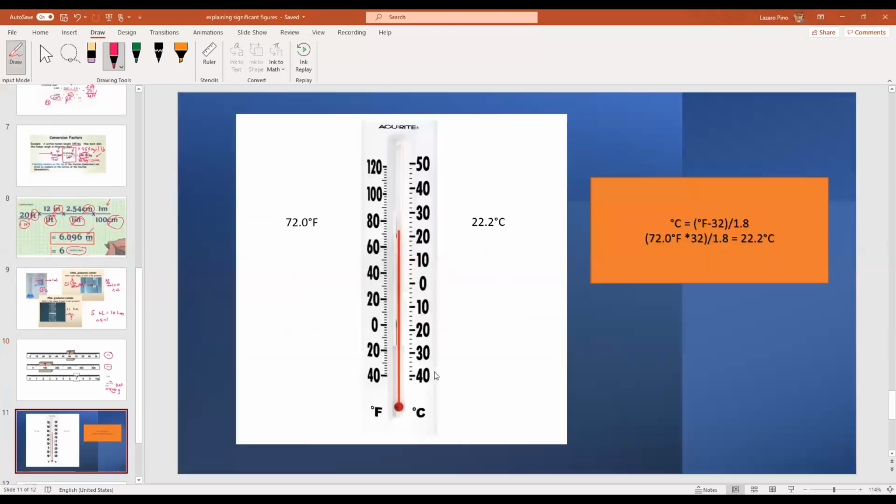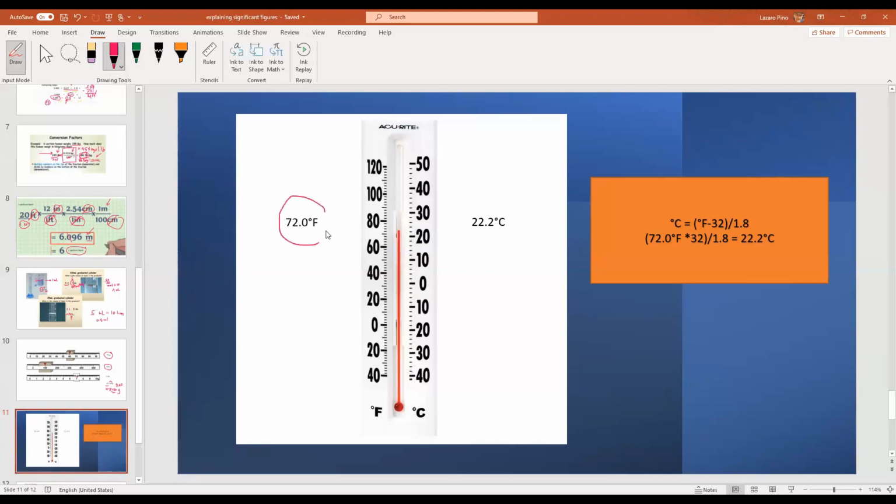In a thermometer, it's the same thing as with the scale. You can stop the video at any time and do the measurement here. You will see that it will be 72.0 Fahrenheit in this case, and in this scale it will be 22.2 Celsius degrees.